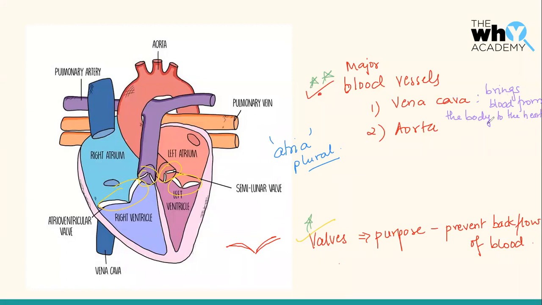Right, so vena cava brings blood from the body to the heart. So yes, this would obviously be the deoxygenated blood, right? Deoxy. Okay. Next you have aorta. Aorta brings in, or rather aorta sends.